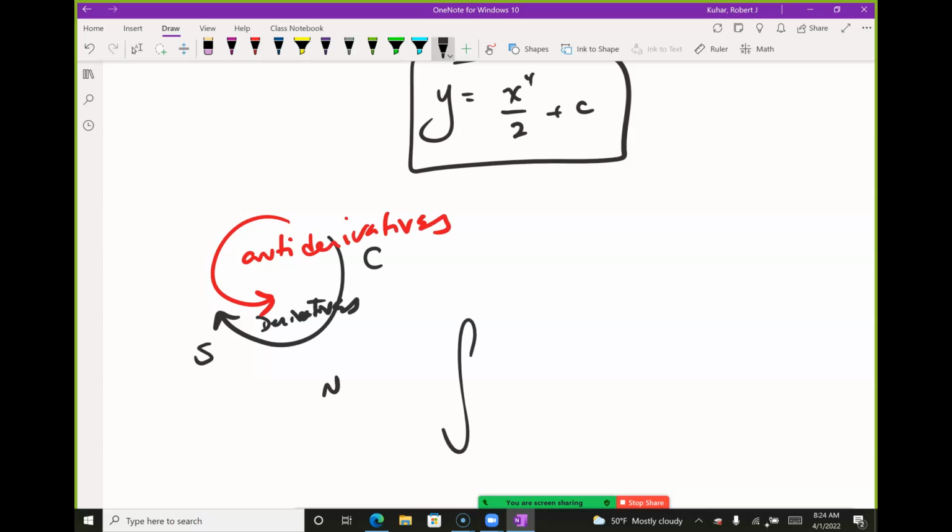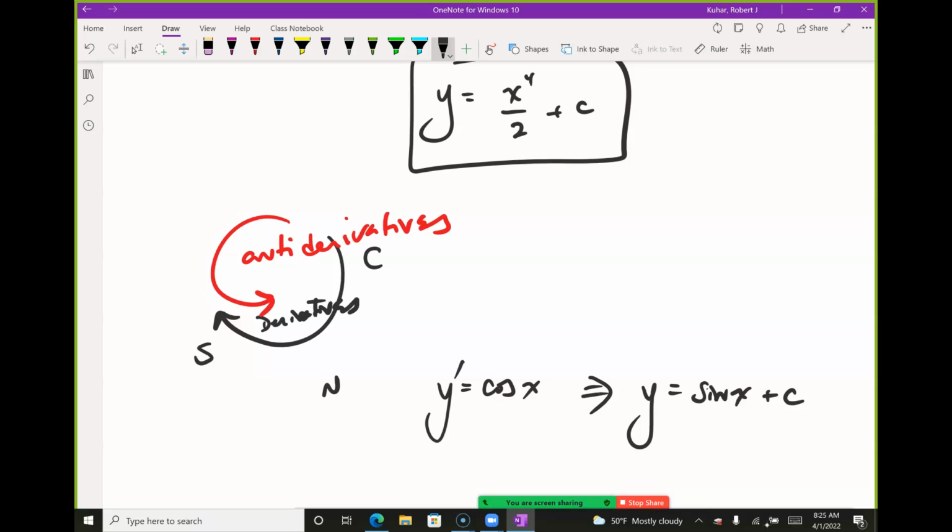So if I have the integral of cos of x, if y prime is cos of x, follow my arrow in red, cosine turns into what? Follow the arrow. I don't go past the negative. So the antiderivative of cosine is sine. So the antiderivative of cosine of x is sine of x plus c.